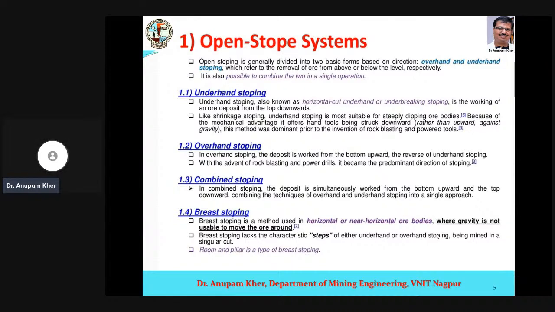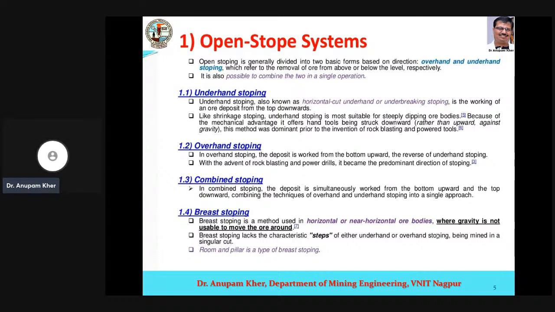As you can see in point 1.1, it is underhand stoping. When you divide the ore body from top to bottom in a number of layers or slices, they are called levels. Normally the working is carried out from one level to another.